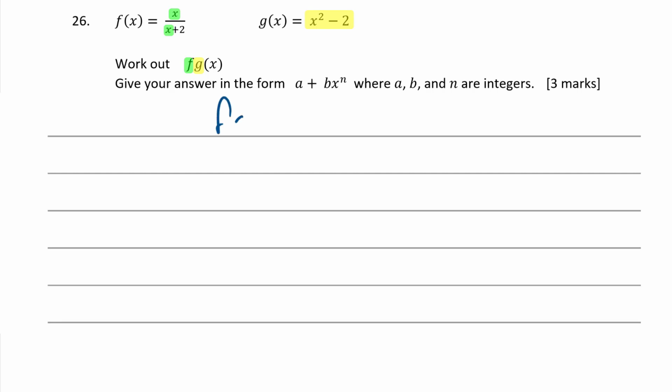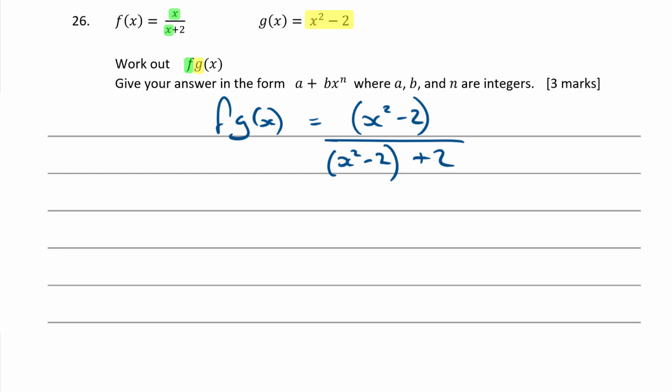So fg of x is going to be x, but this time I'm going to replace x with x squared minus 2. So writing x squared minus 2 where the x used to be, divided by, I've got another x down there, so I've got another x squared minus 2 plus 2, because that was there before.